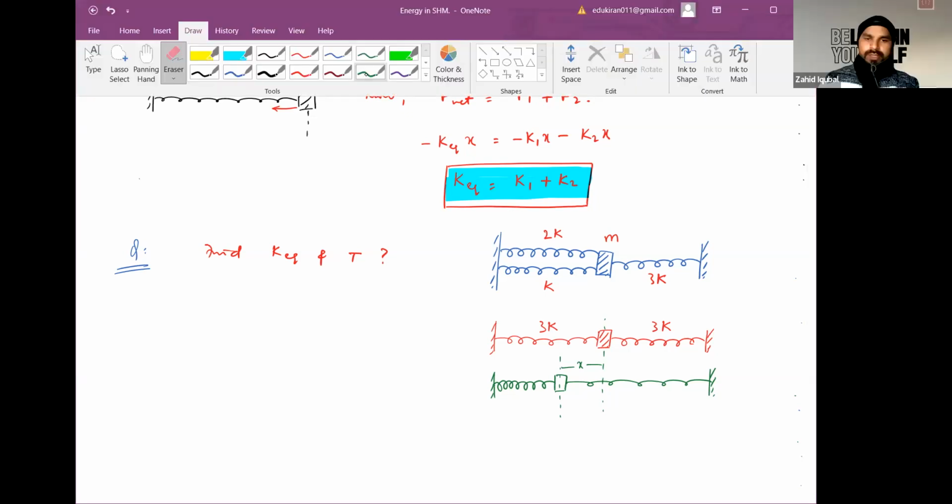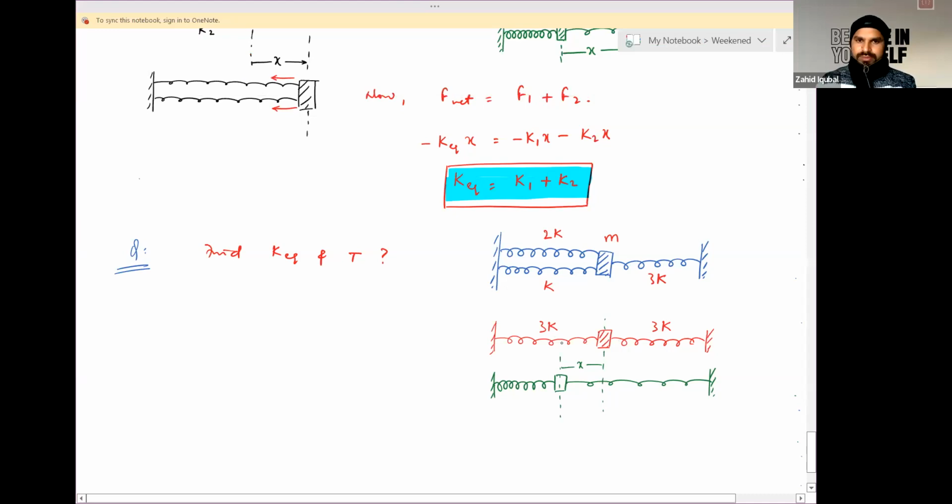So now we can rearrange these two terms. First, K1 is 3K and K2 is also 3K. So K equivalent for this entire part will be 3K plus 3K. So it will be 6K. Is it clear?